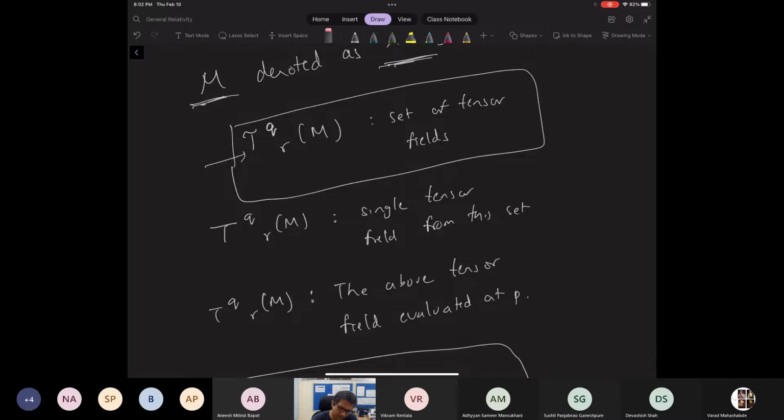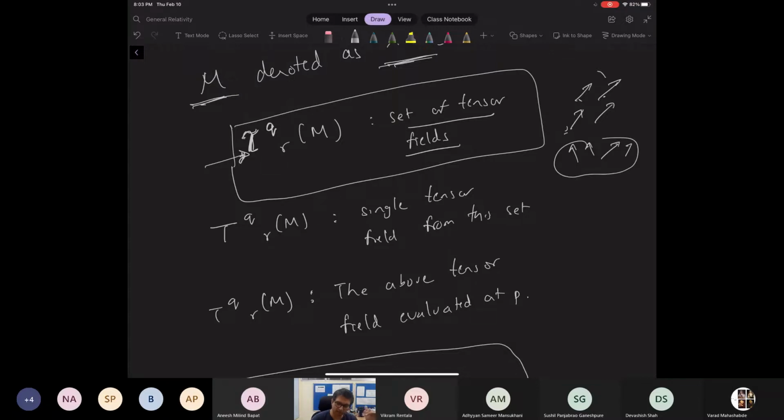Let me just clarify some notation. If I use the symbol tau or curly T, this curly symbol means the set of all tensor fields, the set of all possible tensor fields that you can have. For example, a vector field is something like this. This is one vector field, and this is another vector field. For the same points, I'm defining different vectors.